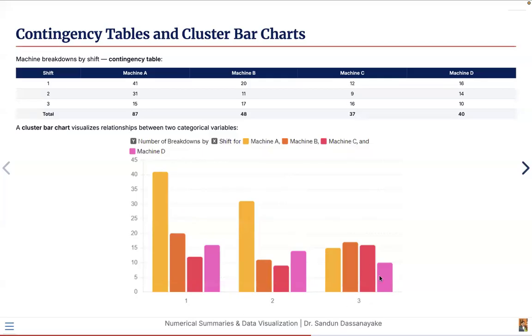But if you look at shift number 3, you can see machine B, the orange color bar, has a slightly higher value than the yellow one, which indicates there are more failures in machine B in shift 3. So these are the things that you can capture from data when you have multiple values.